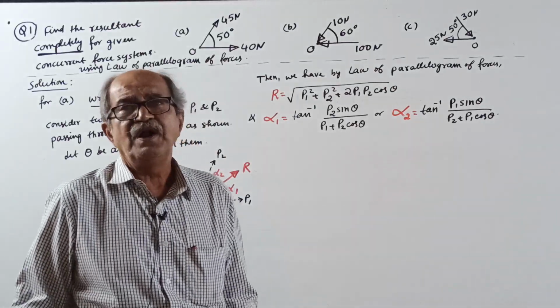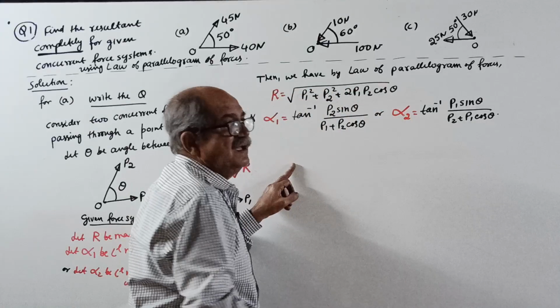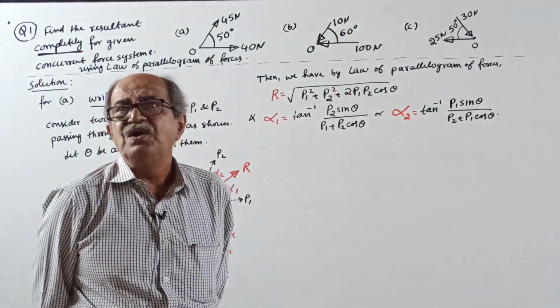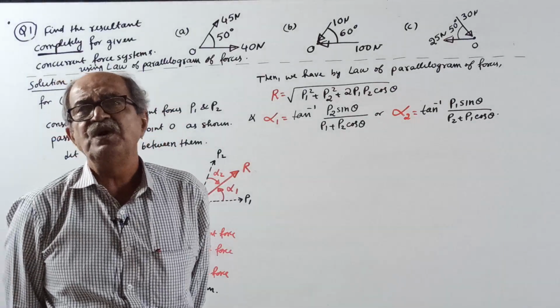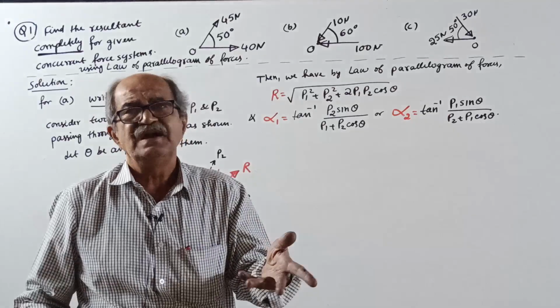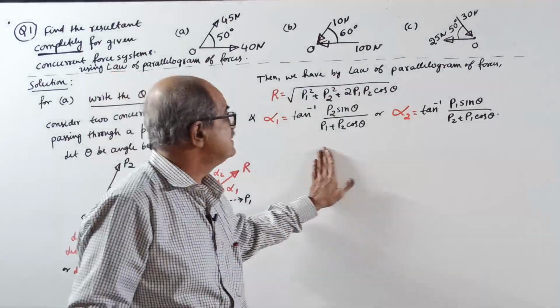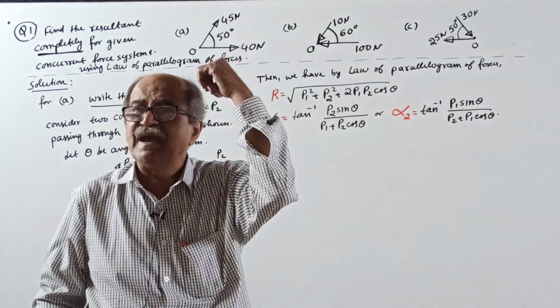So make a note: for a concurrent force system, to find the resultant completely, we require only magnitude and direction. The line of action is automatically defined. For now this is sufficient; I will give more explanation in the coplanar force system, and then I will tell you to go back and refer.